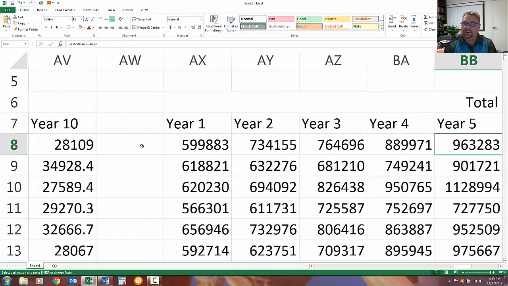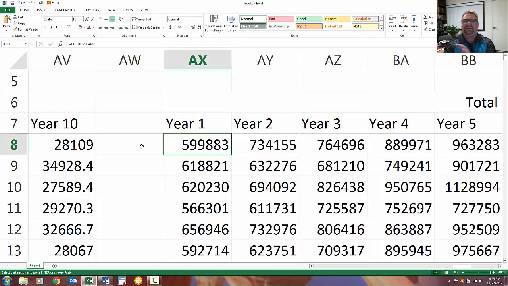But now I have to redo this stuff, right? And this is going to be a little bit tricky. Well, it's not tricky. I take that back. Years 1, 2, 3, 4 do not change. However, year 5 does change.